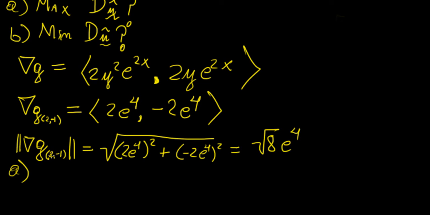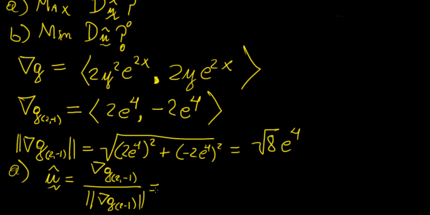So we need to find the unit vector in the direction of this, so our unit vector is going to be the gradient vector at (2, -1) over its own magnitude, which we just found. So this is basically going to be 1 over square root of 8 e to the power 4 times the vector (2e to the 4, -2e to the power 4).